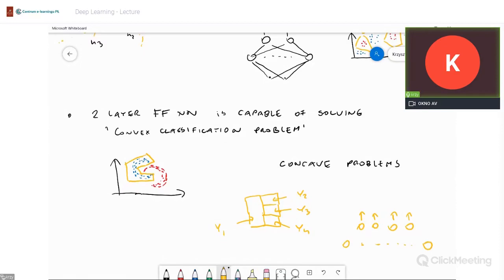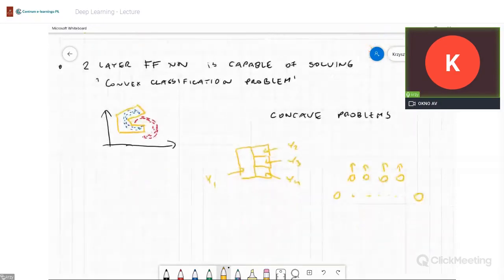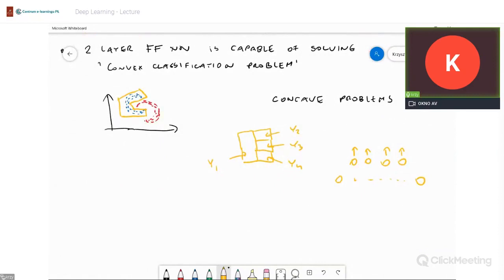Now what I would like to do is make a decision. I would like to build or create a concave region. How could I build this concave region? It could be written as y1 plus y2, and y4, and not y3.